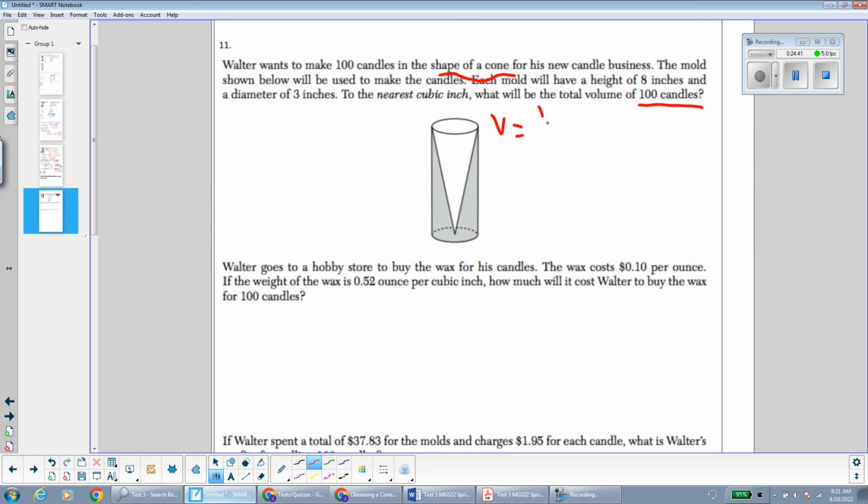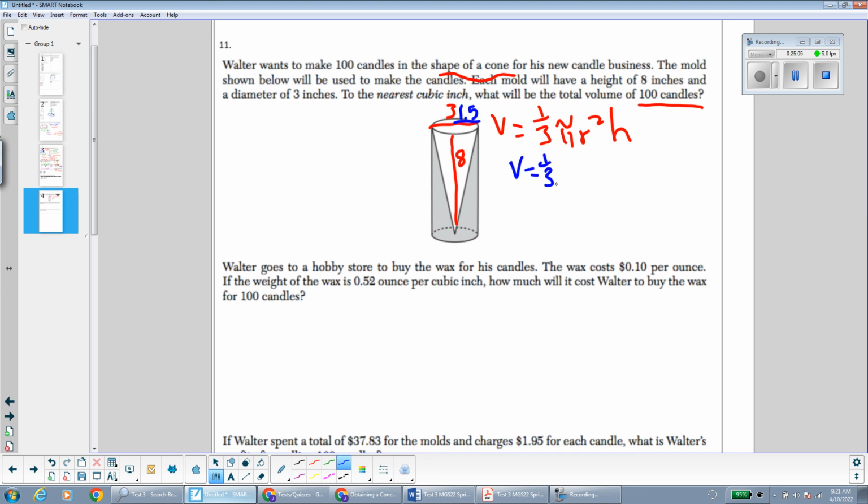So volume of a cone is 1/3 pi r squared height. So they tell us here that there is a height of 8 and the diameter is 3. So that makes the radius 1.5.